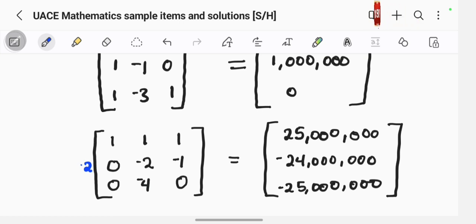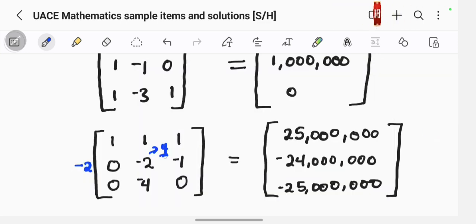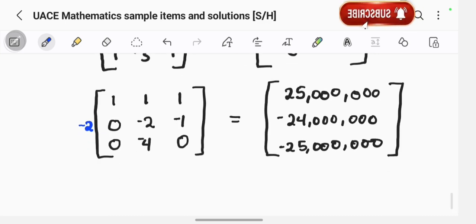So if I bring in negative 2, it will give me positive 4 here. When I get positive 4 plus negative 4, that's a 0. So I'm going to use negative 2. Why? Because it's giving me a 0 down there.